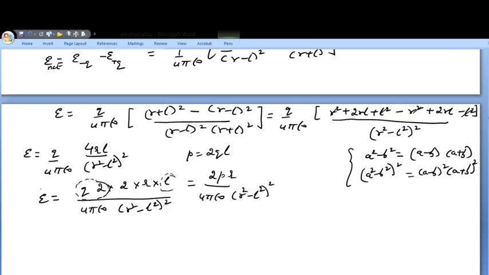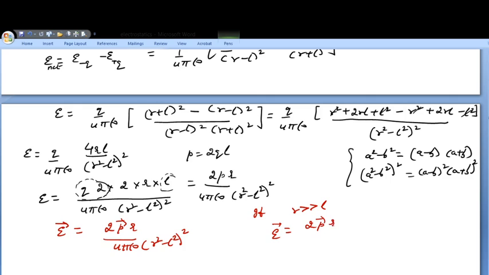So if I write it vector wise, I can write E vector is equal to 2 P vector R upon 4 pi epsilon naught (R square minus L square) square. You have a condition: if R is very much greater than L, means your distance R is very much greater than the half of the length of the dipole, L. Then you can write E is equal to 2 P R upon 4 pi epsilon naught.